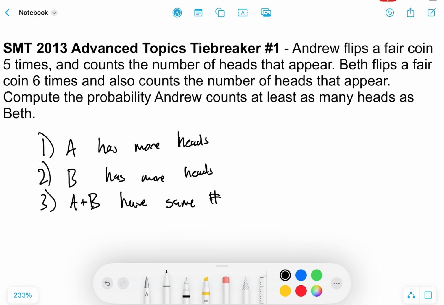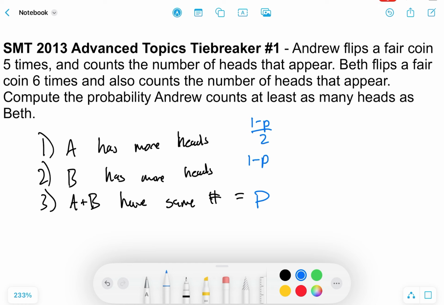Okay, so what's the probability that they both have the same number of heads? Let's just call that P. Well, if that's P, then what's the probability of getting 1 or 2? The probability that A has more heads is going to be 1 minus the probability that they get the same amount, divided by 2.